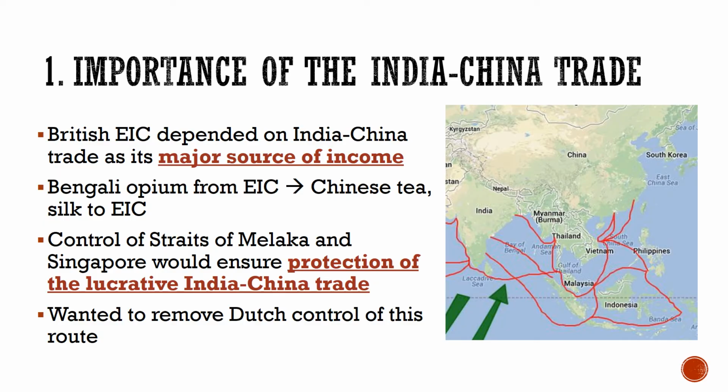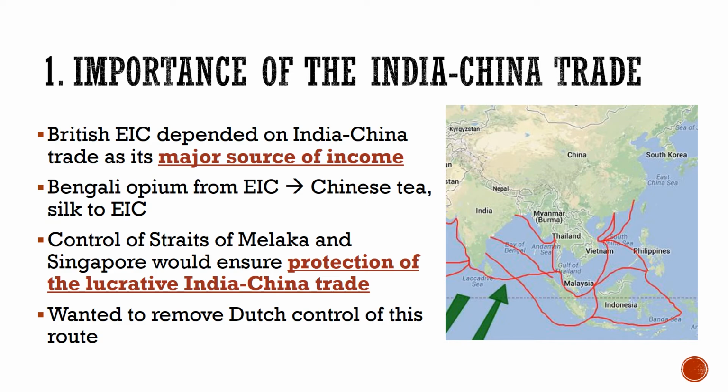Now the next point: if they control the Straits of Malacca and Singapore, it would definitely ensure the protection of the lucrative India-China trade. Many colonial powers actually loved to control Singapore, and if you draw links back to Temasik's time, why? Because Singapore was a strategic location. This location will not change, right?